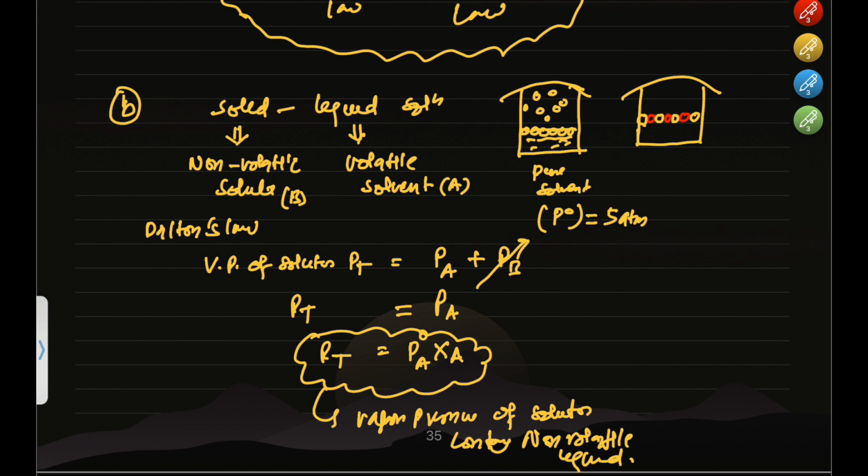So here the vapor pressure of the pure solvent is always higher than the vapor pressure of the solution containing a non-volatile solute.